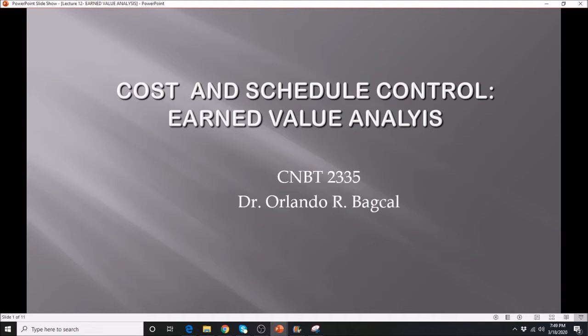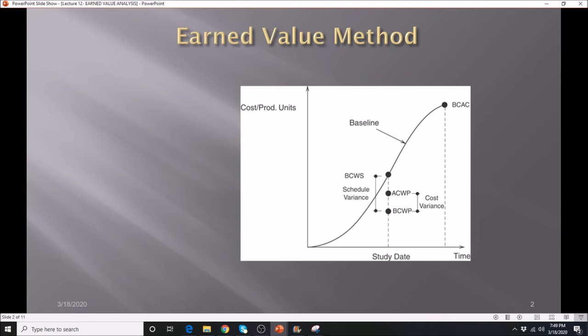Say, for example, it's about 25% complete, 45% complete. So how would you know that it is within those percentages of completion? Well, the earned value analysis will help us answer those questions. The earned value concept compares several measures to obtain an overall picture of the project status.